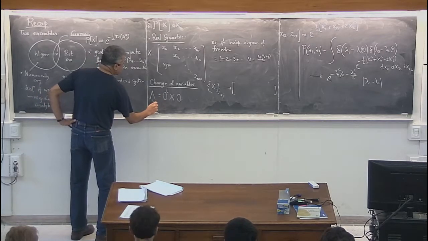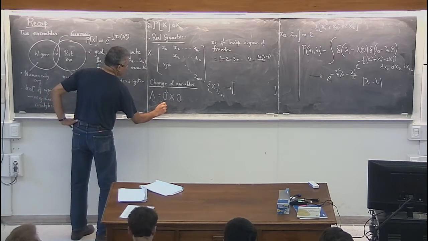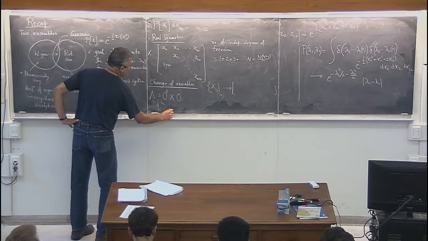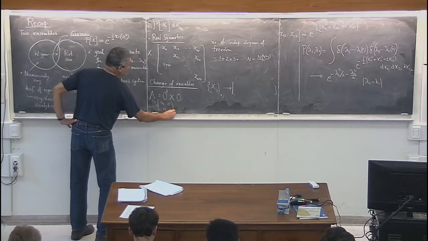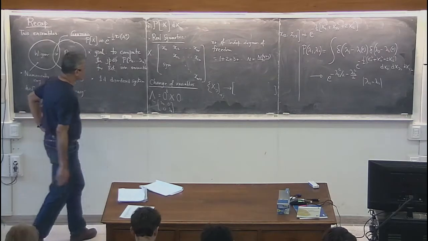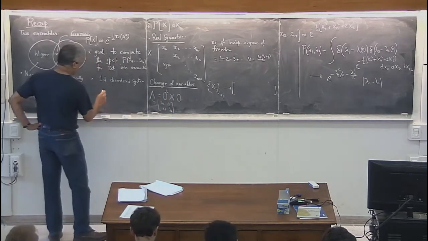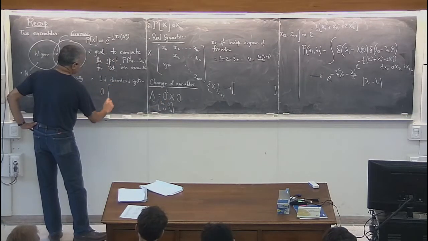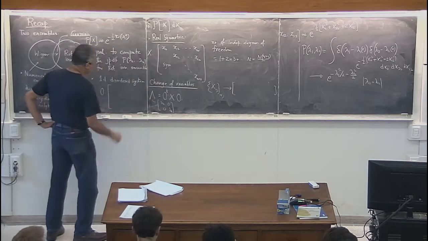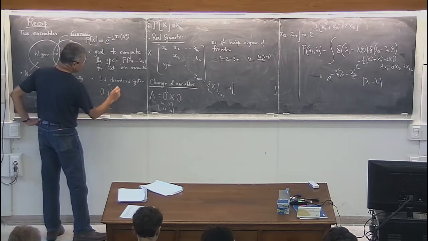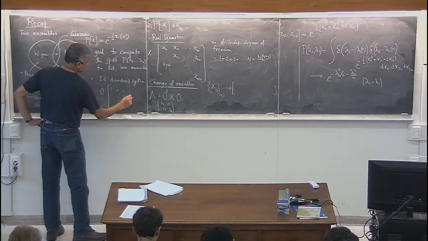So this means it's a diagonal matrix with lambda 1 through lambda n. And you also know that this matrix O, which diagonalizes the matrix, has columns that are just the eigenvectors.